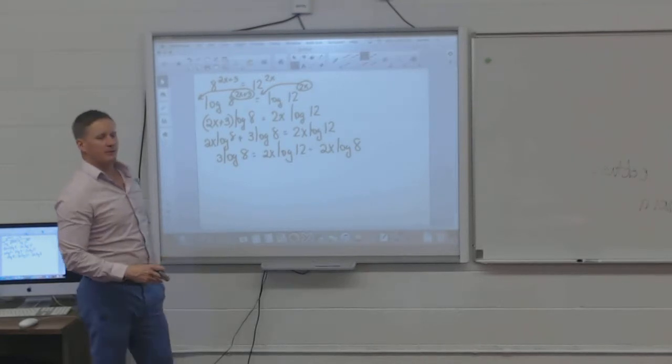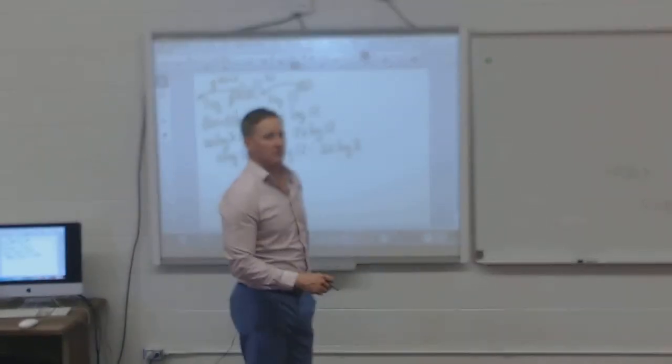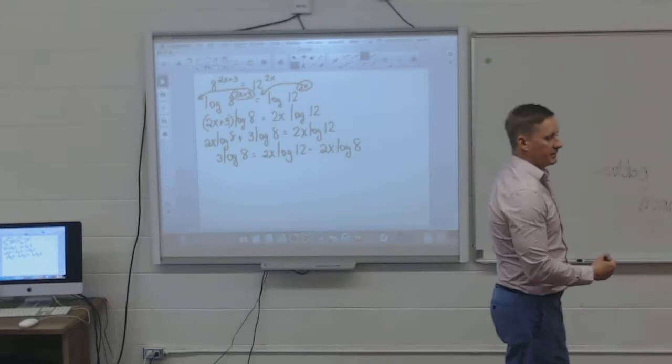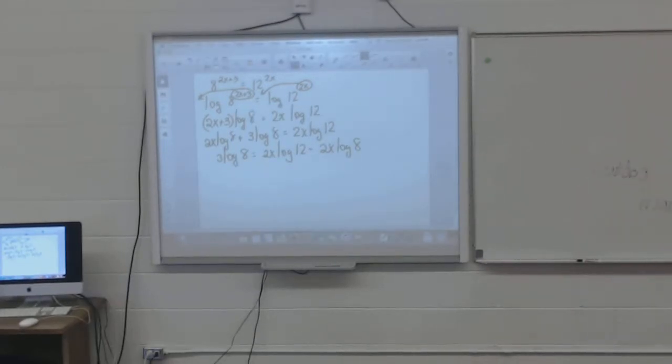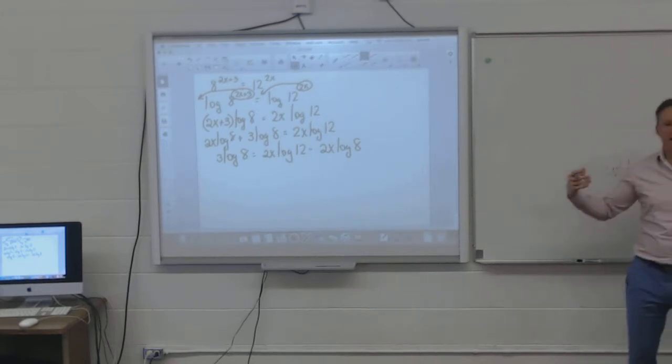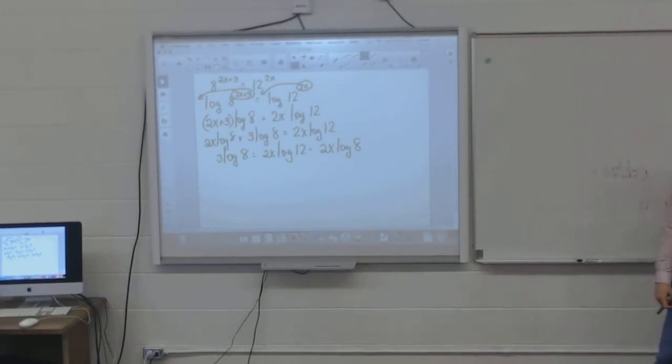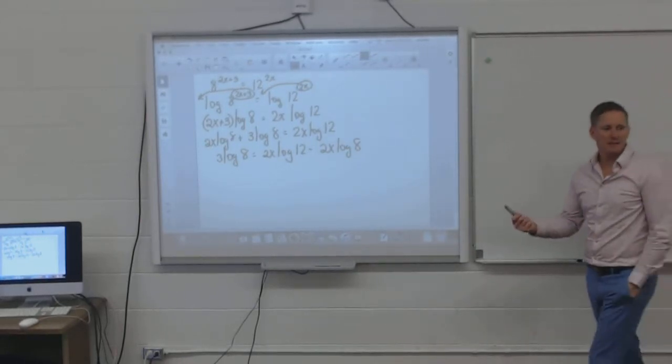What do you propose I do now? I have the x's on the same side. My objective is to solve for x, so how do I get an x isolated? If it was equal to 0, what would you do? Factor the 2x maybe. Yeah, absolutely, that's exactly what you do if you had it equal to 0.